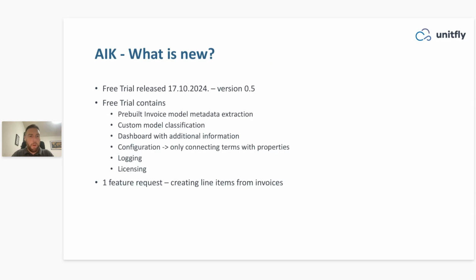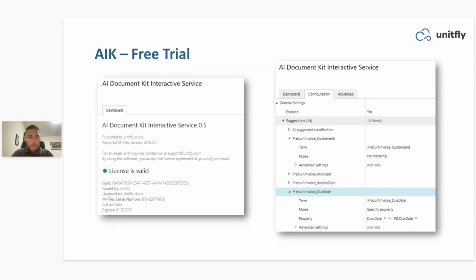So what were we doing now? For the people who already know this, you are able to use the pre-built invoice model there. Also, you can do custom classification. There are certain things that we've done around logging and licensing.